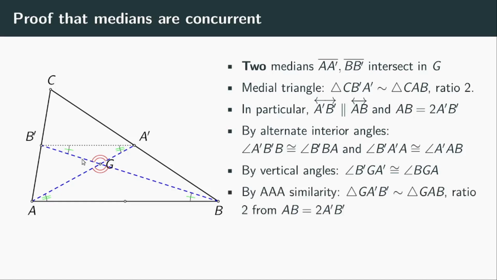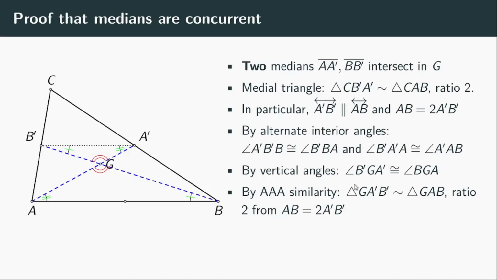So we now have two triangles, GA'B' and GAB, and they have corresponding angles congruent. And therefore, by the angle similarity theorem, those two triangles are similar to each other. And as we observed before, AB is twice A'B'.